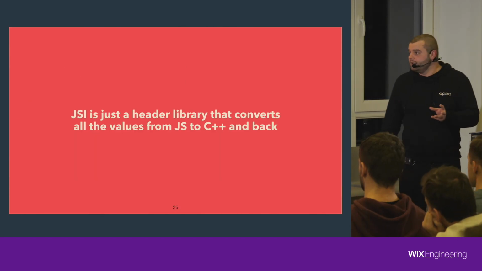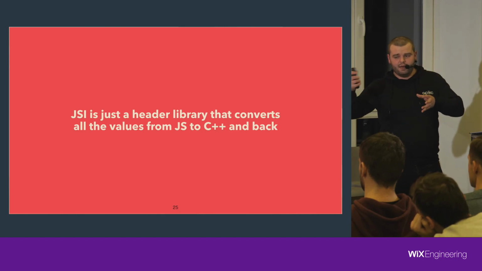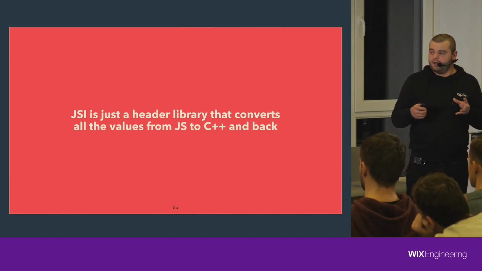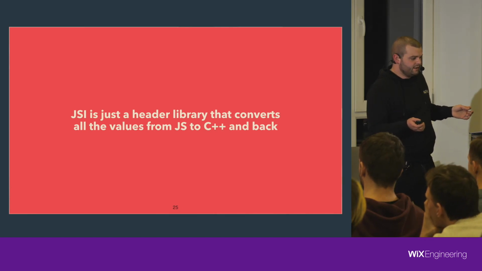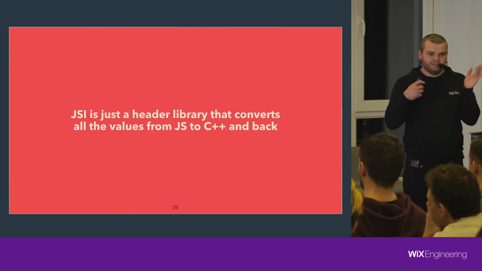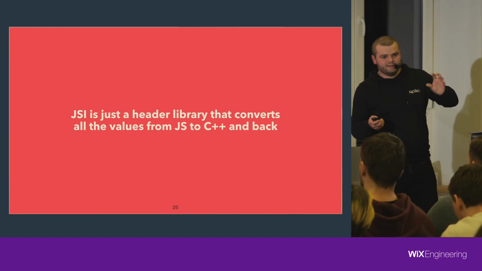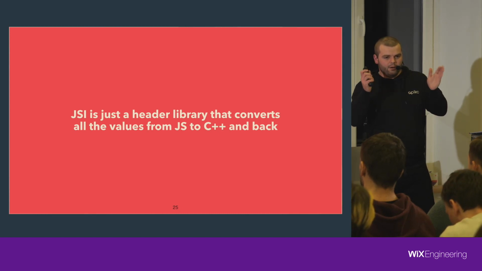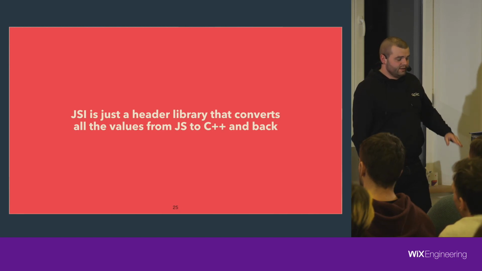Basically, JSI is a header library. It has lots of definitions in the C++ world that convert all the values from JS to C++ and back. So we are not dealing with serialization. We have some JavaScript object and we pass it to the C++ side.